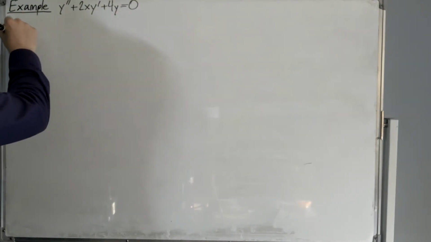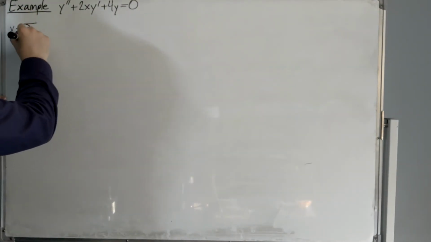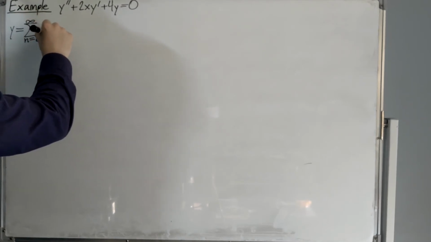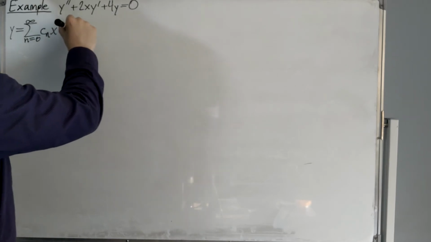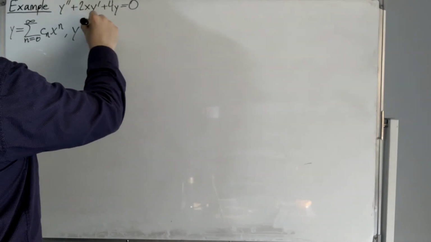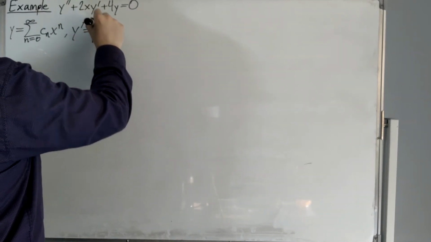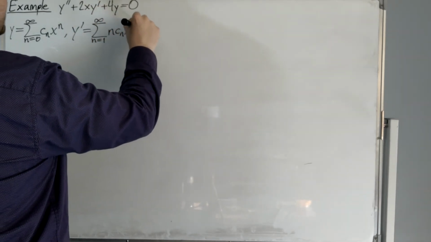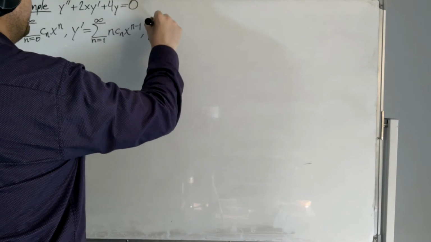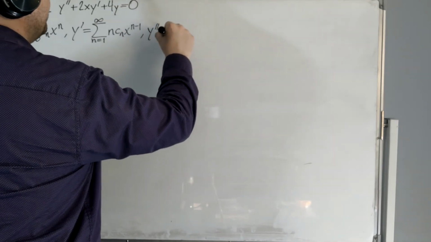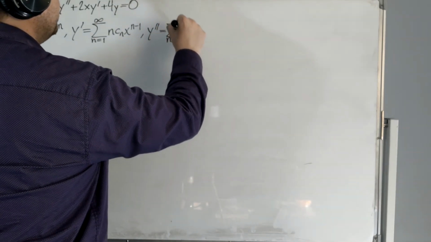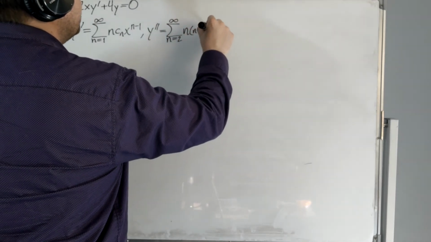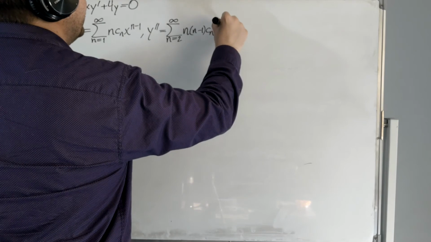We'll write down y equals sum from n equals 0 to infinity, Cn x to the n, in which case y prime is sum from n equals 1 to infinity, n Cn x to the n minus 1, and y prime prime is the sum from n equals 2 to infinity, n times n minus 1 Cn x to the n minus 2.